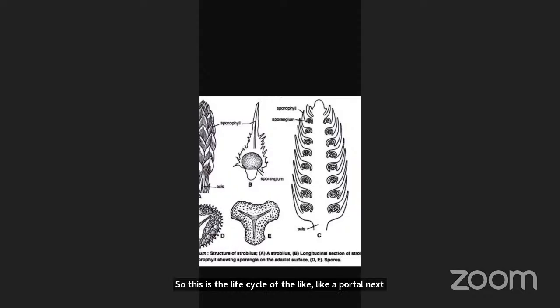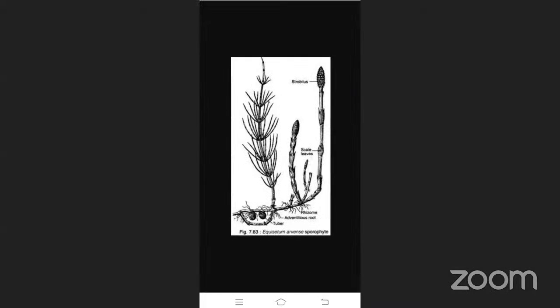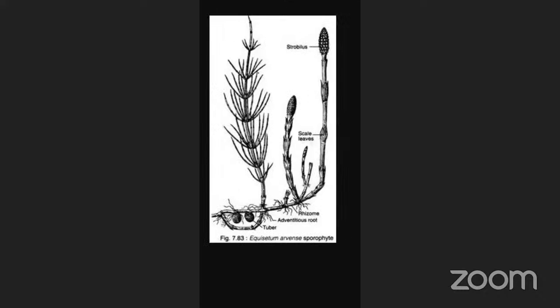Next one is Equisetum. So this is Equisetum. This Equisetum's division is Sphenophyta, class is Calamopsida, order is Equisetales, family Equisetaceae, genus Equisetum.